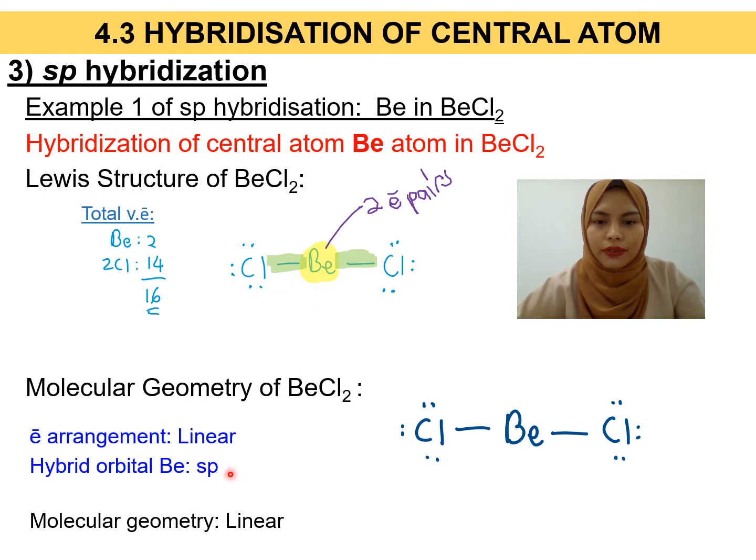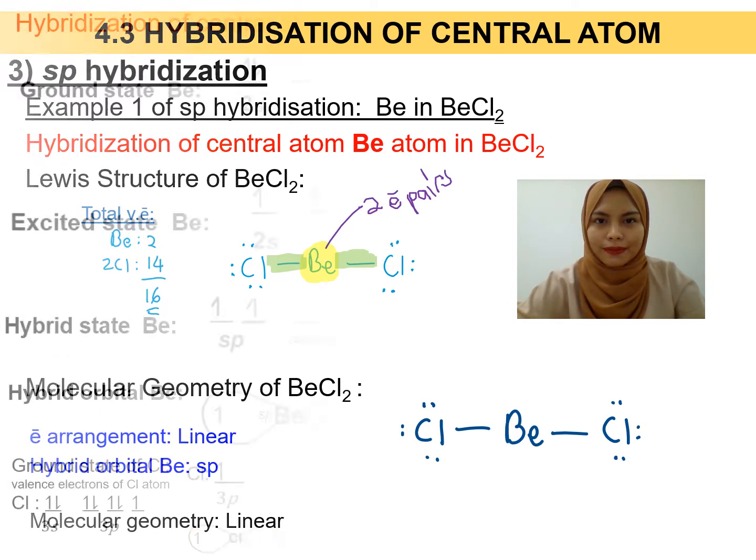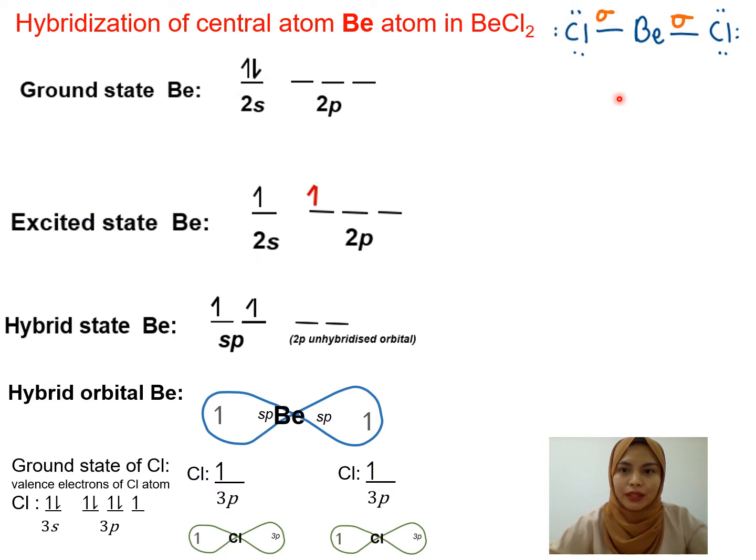Okay, so therefore Be atom ni dia akan ada sp hybridization. And since Be ni memang dia tak ada langsung lone pair, therefore the molecular geometry dia pun akan jadi linear juga.